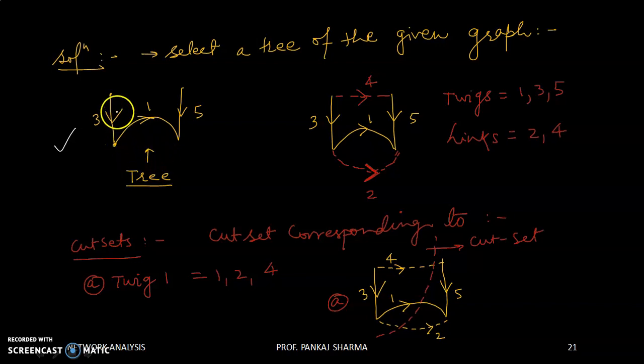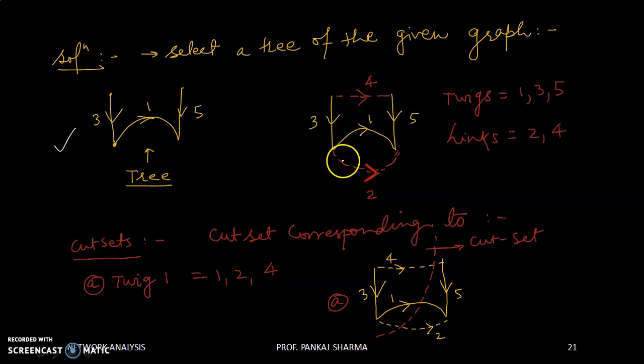This has branch 3, branch 1, and branch 5, and do not change the orientation of the tree, which is a subset of the given graph.